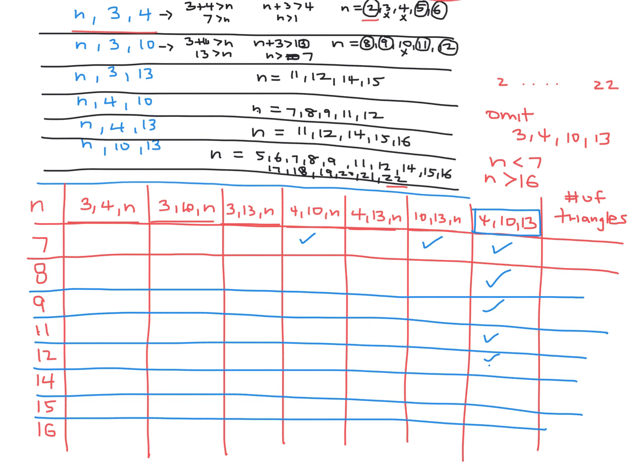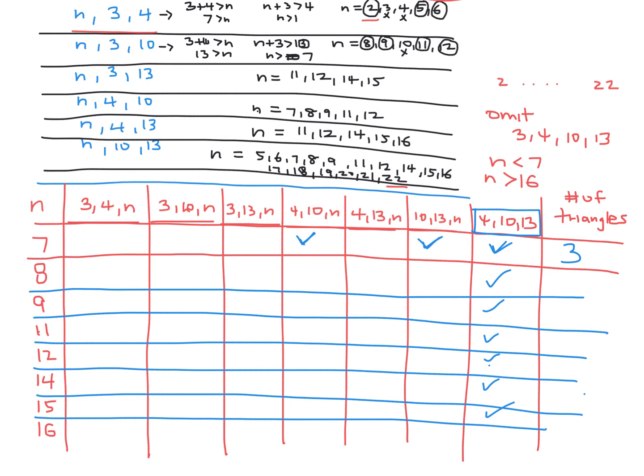So this is check marks all down the board. Now, how many of these, with n being 7, satisfy the triangle inequality? The answer here is 3. Just this one, and this one. Well, that's not what we want. We want 4.